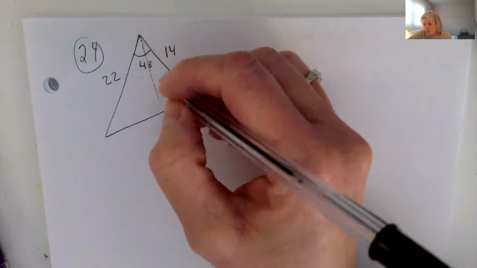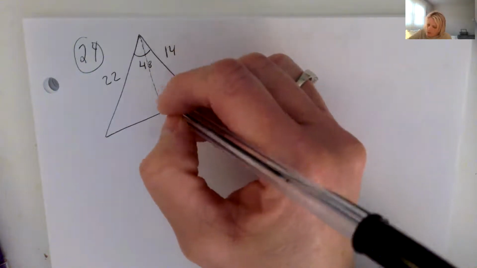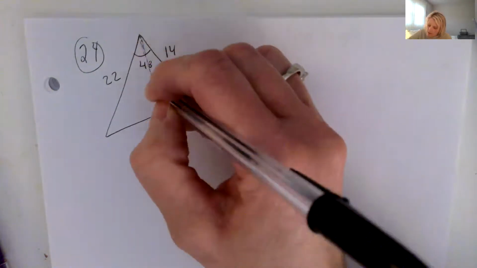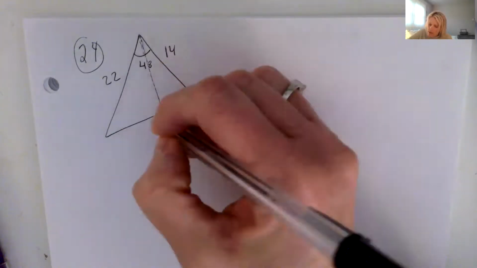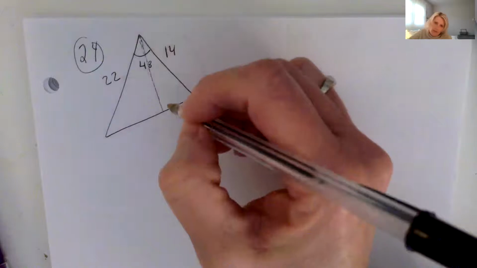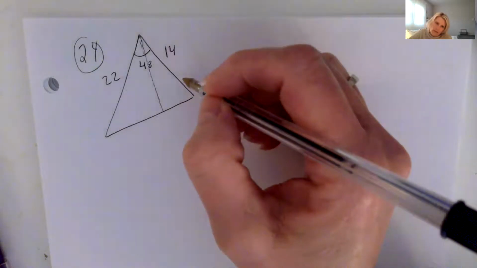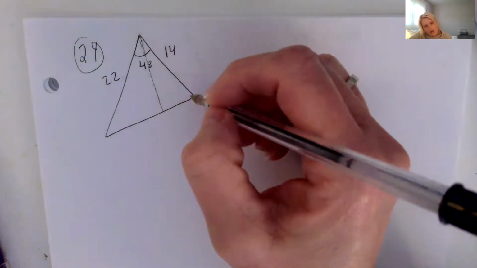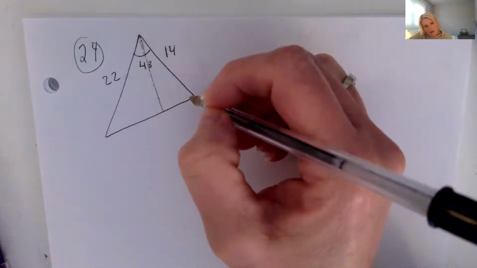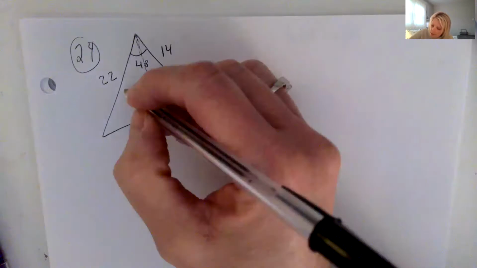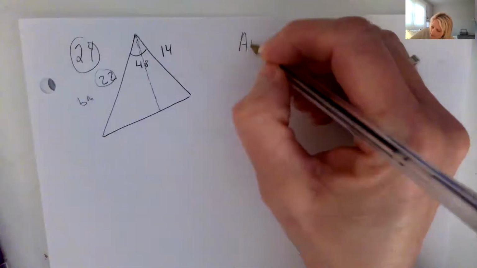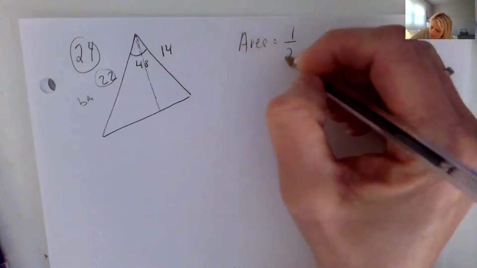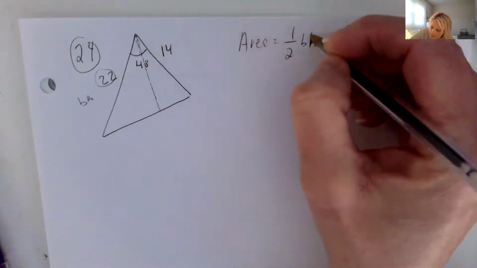And so let's see, what could we do? I need to find this side here. So we have the base times the height. Or, what we could do is let's draw a line here so we can use 22 as our base, because area is equal to 1/2 the base times the height.